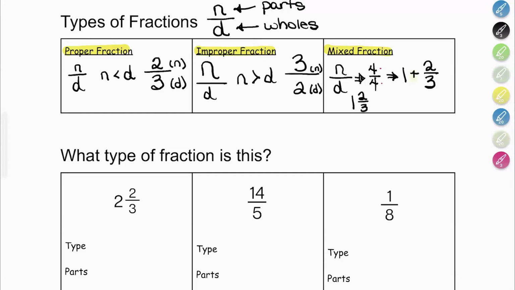But I just want to remind you guys, this is going to be addition in there, all right? Even though it's not always shown. So that means I have a complete whole amount here, 4 out of 4, which gives me that 1. And then I'm adding to it another 2/3, which is a proper fraction. So that's what a mixed fraction is.